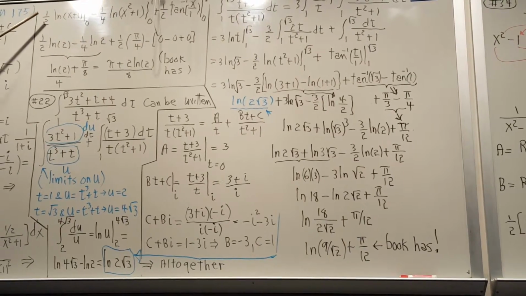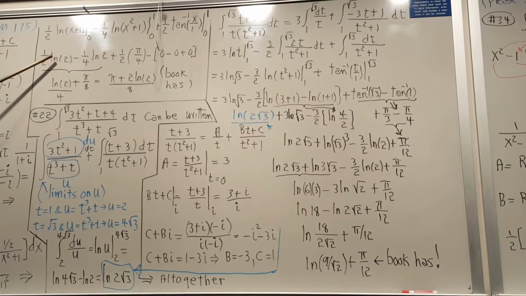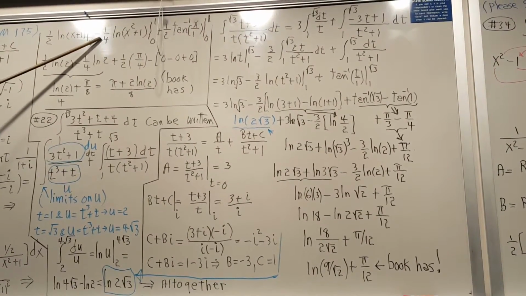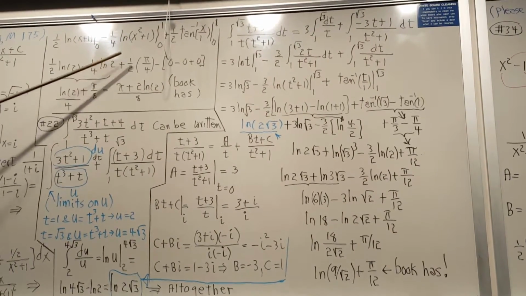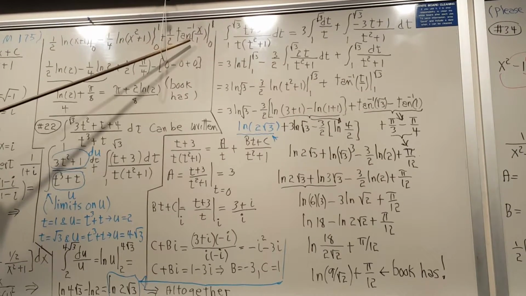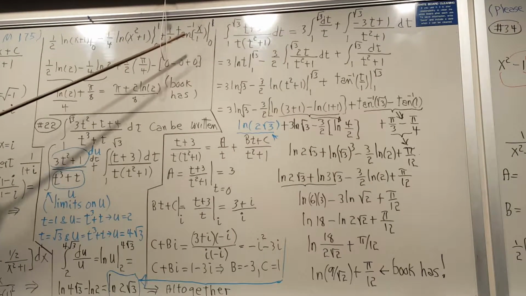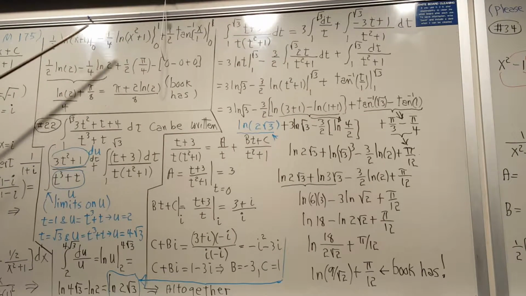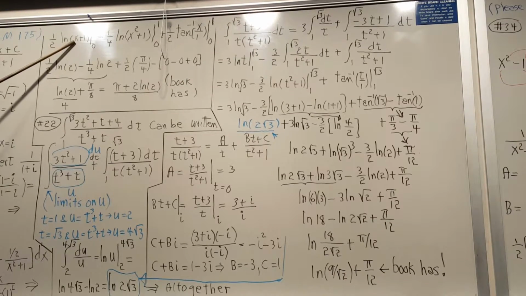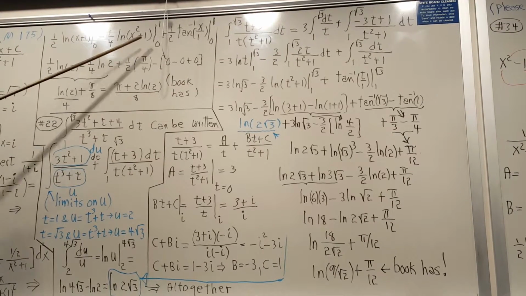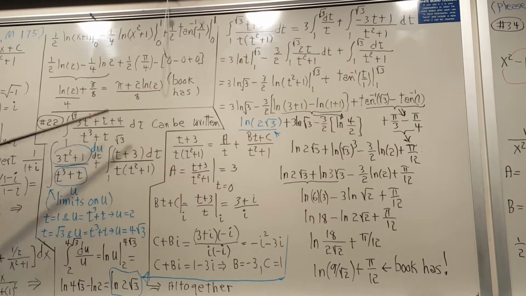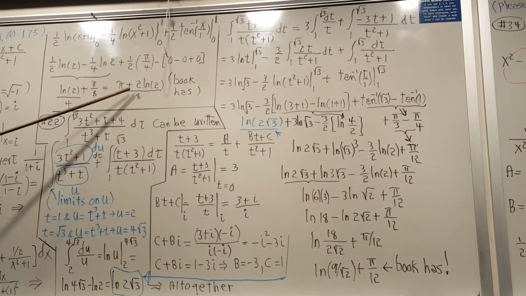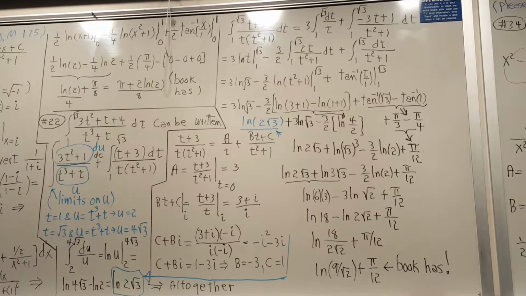And so then I have a half log 2 minus a 1/4 log 2 from here, and a half the arctangent 1 is pi over 4. And then log 1 is 0, log 1 is 0, and arctangent of 0 is 0. So then you clean this up and you get what the book has.